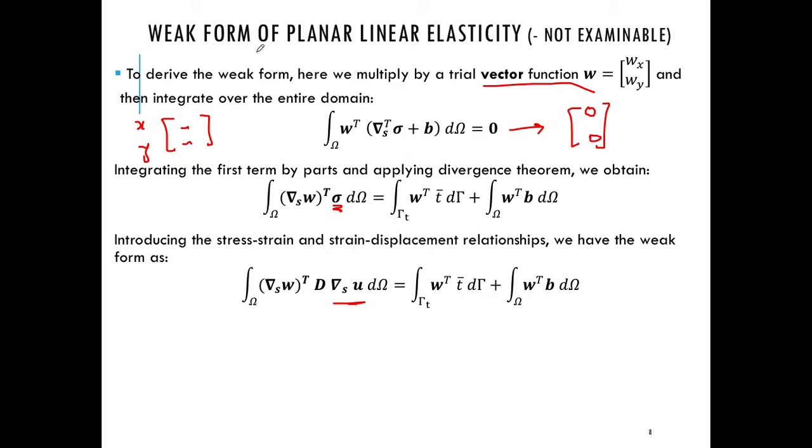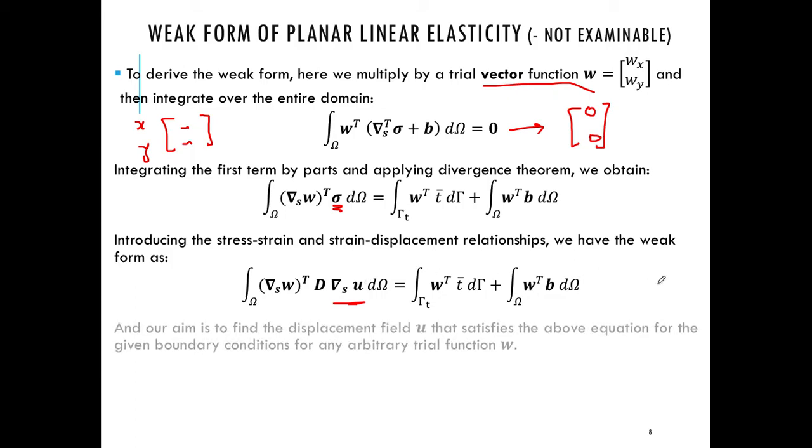Whereas now, by using my trial function, my weight function, and my weak form, I've converted the second order differential into a first order differential, with one differential being in terms of the weight function and one differential in terms of the displacement vector, right? So that's basically it, and this is our weak form of our planar elasticity problem.